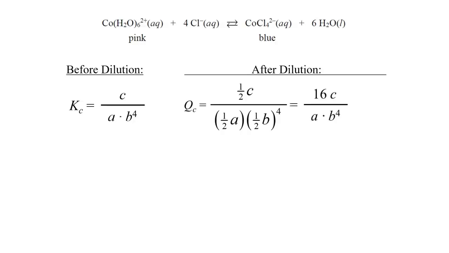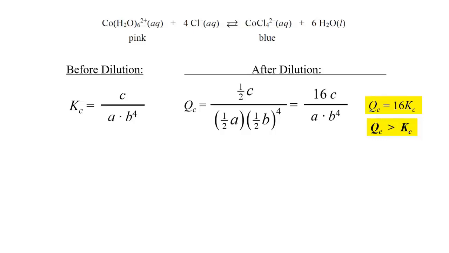And based on the math that we did, we came up with 16 times the value of K. So my point here is that the dilution caused Q to become larger than K. Hopefully you can see that that math works out, that Q is equal to 16 times the value of K, so Q becomes larger than K.